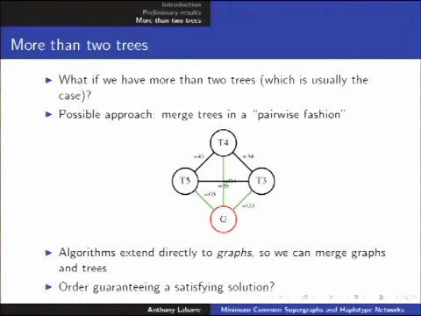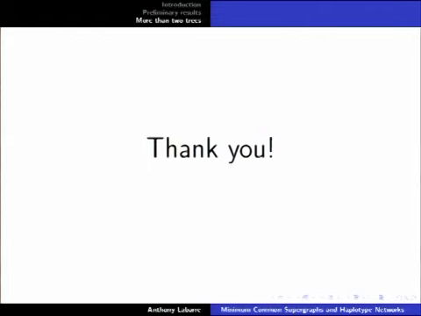I don't expect to find an optimal solution by doing that, but maybe there is an order in which we can merge those trees that will guarantee some quality of the solution. And that's it. Thank you for your attention.